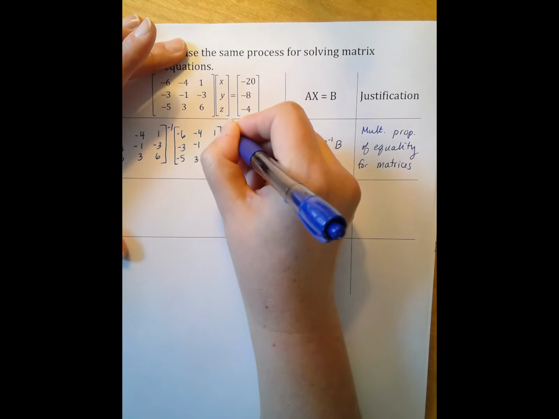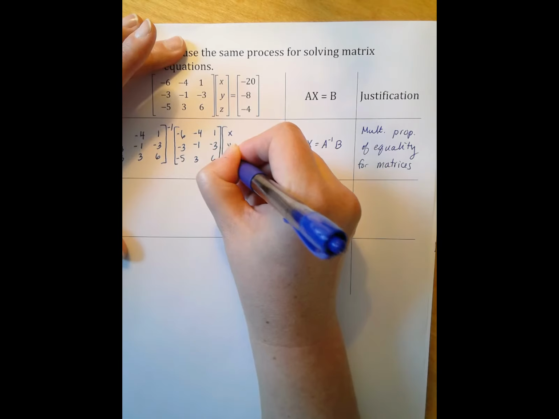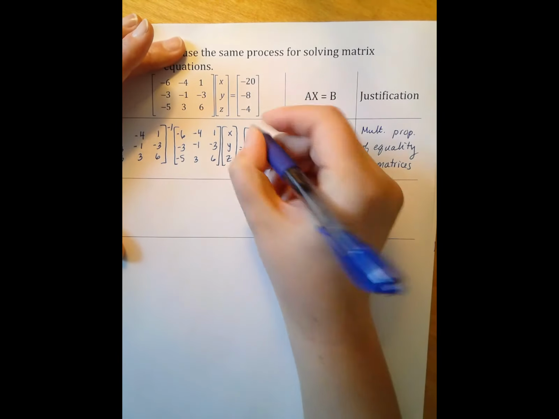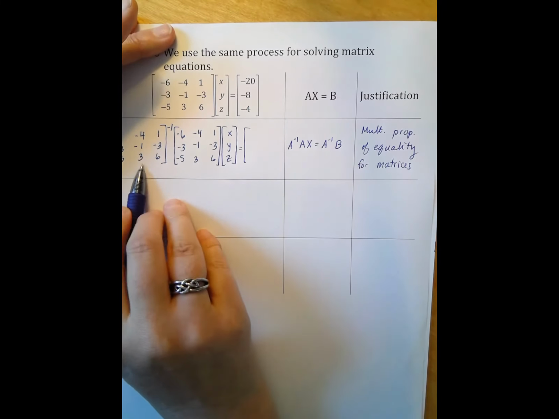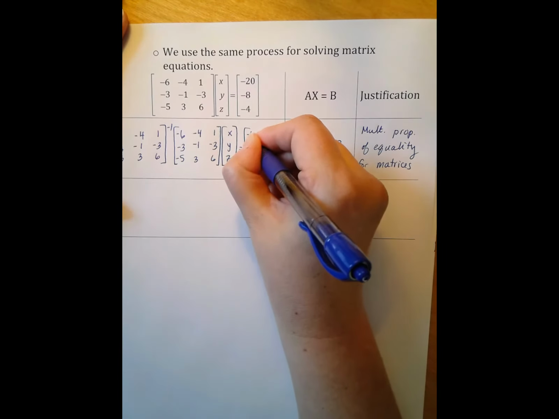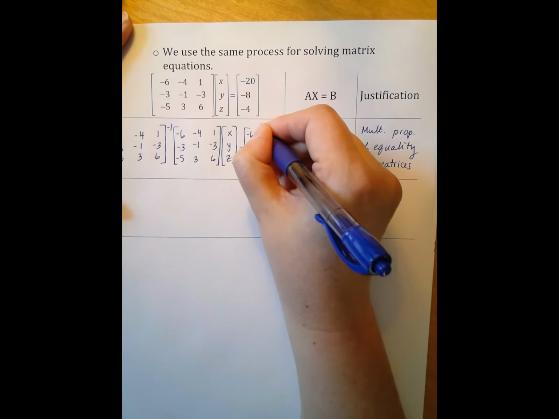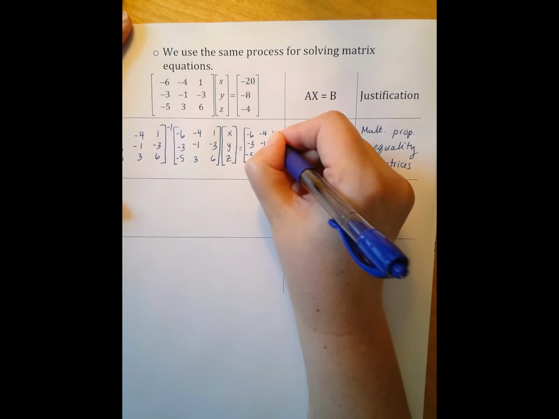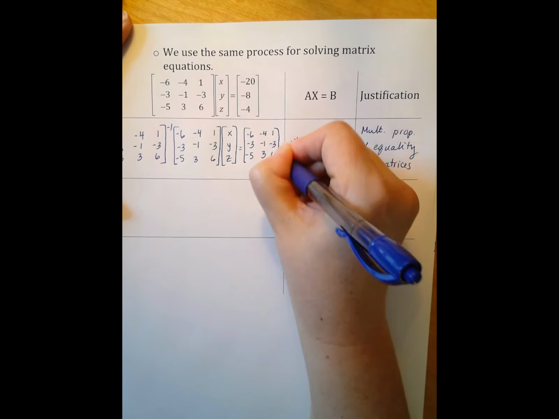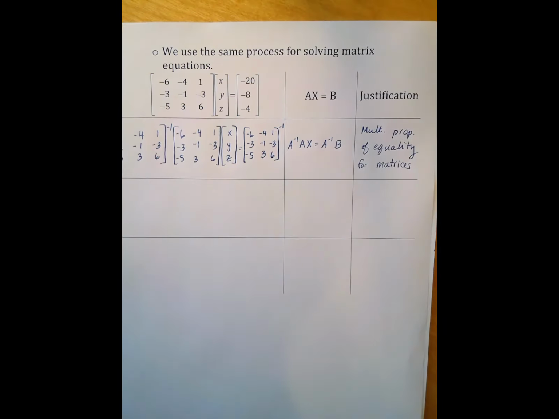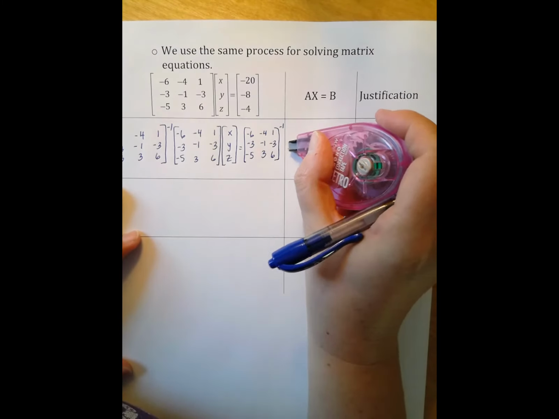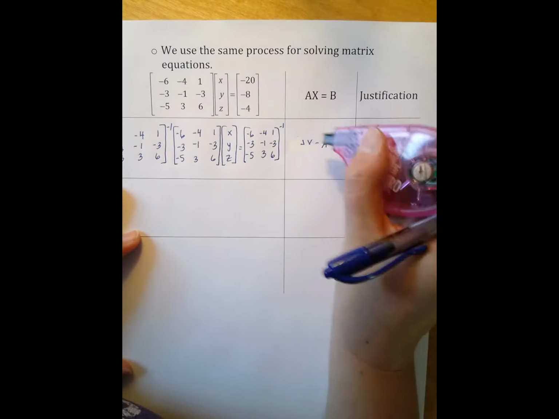I have my coefficient matrix, x, y, z. And then I'm going to multiply my constant matrix again by the same value I multiplied on the left-hand side. So the -6, -3, -5, -4, -1, 3, 1, -3, 6, but the inverse of that. Let me rewrite this.